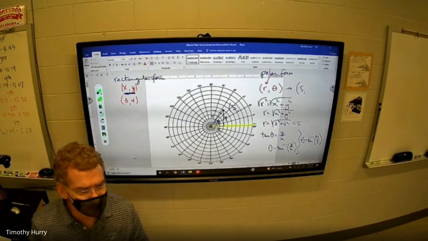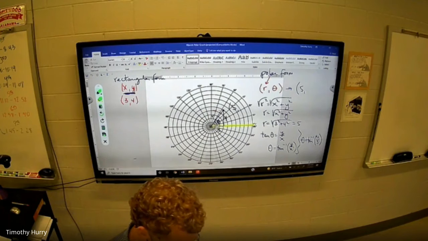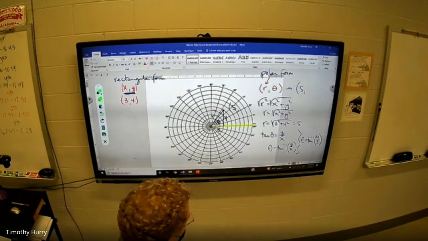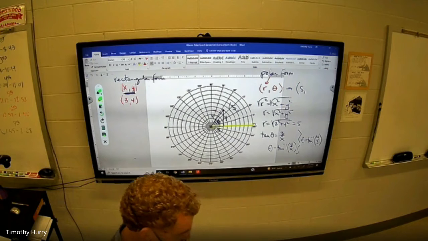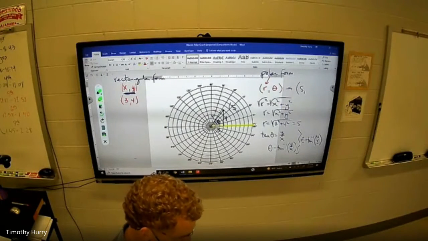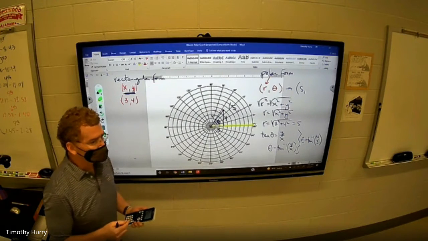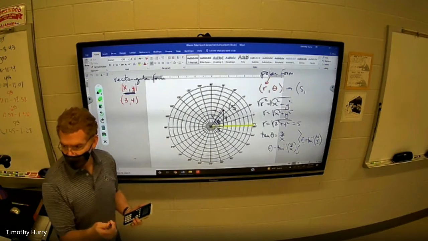Is there any time, by the way, where my calculator would lie to me? The y is negative. The x is negative. Talk more. Isn't it if it's in the place where tangent's negative? No, but you're thinking right.